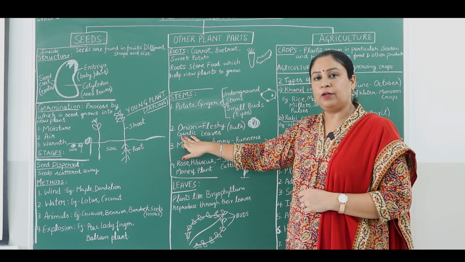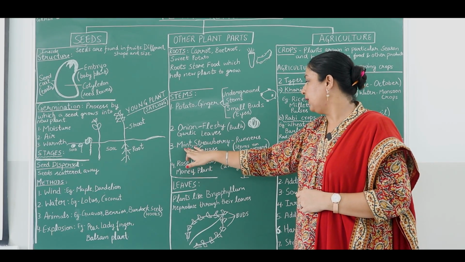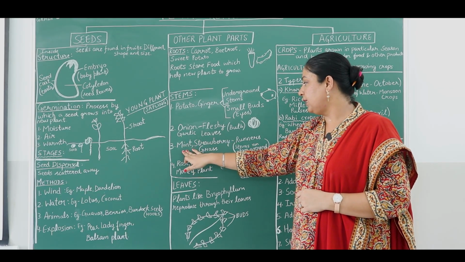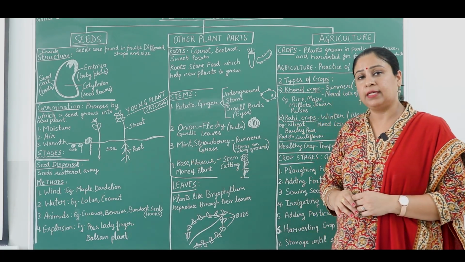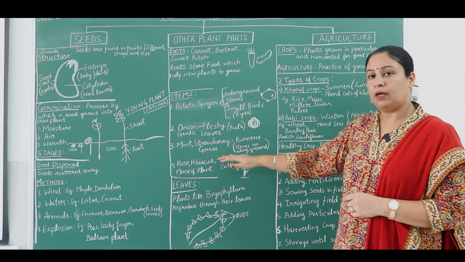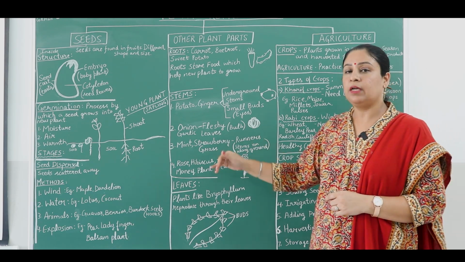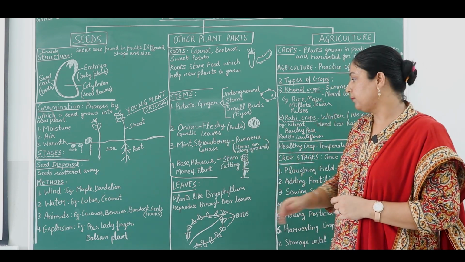Another example is that of garlic. The third one is the example of runners like mint, strawberry and grass. These plants run along the ground, and from there new plants come up.